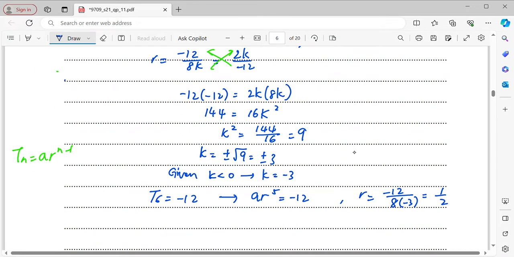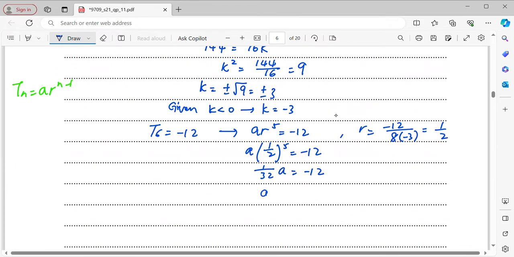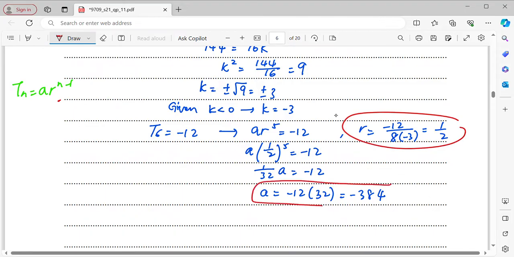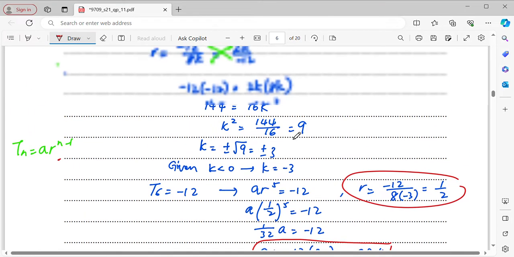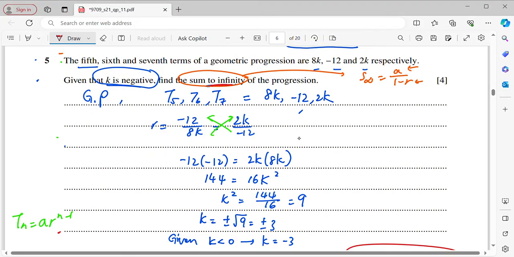Now, my a is unknown, and my r, already found, is half, to the power of 5, and that equals negative 12. That means 1 over 32 times a equals negative 12. Hence, I can find my a: a is negative 12 times 32, which is negative 384. Once we have found the r and a, the question is asking for S infinity, which is a over 1 minus r.